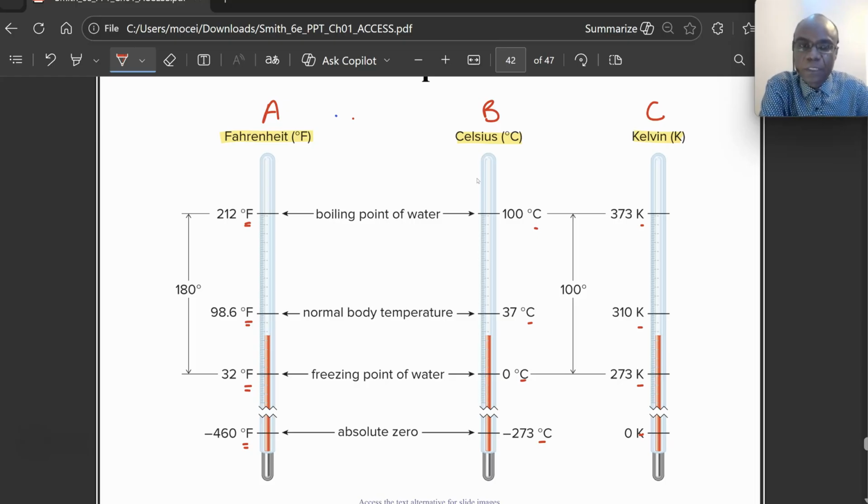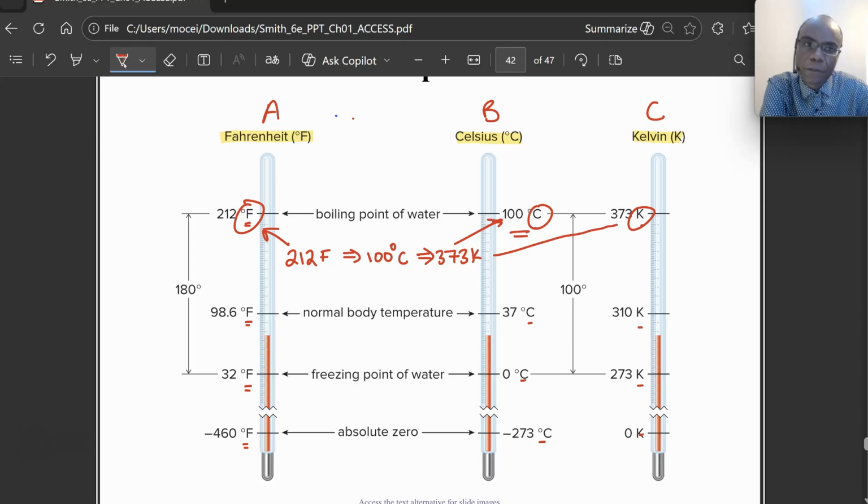So now it's just showing you how the Fahrenheit compared to the Celsius and the Kelvin. So what I'm seeing here is 212 Fahrenheit is equivalent to 100 degrees Celsius, and is going to be equivalent to 373 Kelvin. That's the information I'm getting from up here.